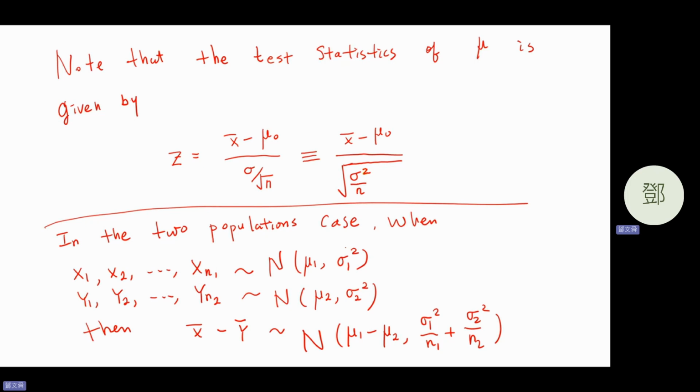I want it to be in the square root sign, but in the square root sign it has to be squared. Understand? In the two population case, when x1, x2, all the way to x_n1 are from the first normal population, and y1, y2, all the way to y_n2 are from the second normal population, then this is what you saw in the midterm exam. Remember?